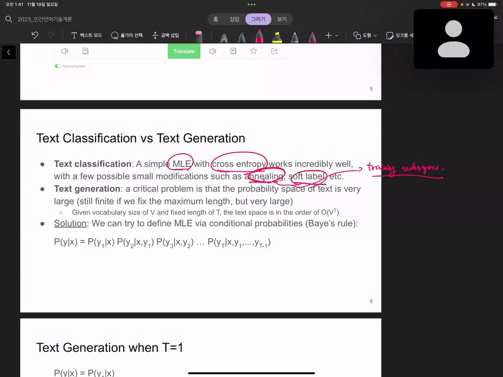The annealing and soft label can be changed as time goes by. I want to say that this maximum likelihood estimation has always been used for the last 10 years, and I believe it will be used for the next 10 years.